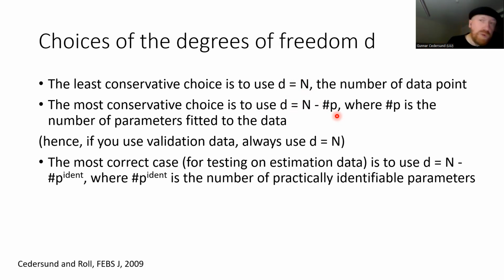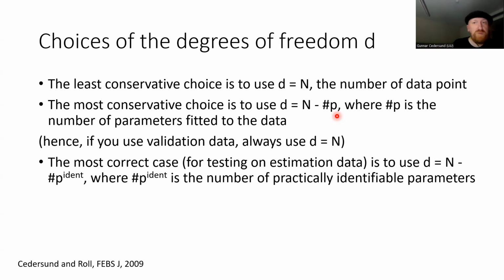And you should always combine these types of statistical tests with your own judgment, with your own assessment, just looking at the agreement. Is this good enough? Are you happy enough with this agreement? That's always the bottom line. A statistical test is just a way to support that argument.